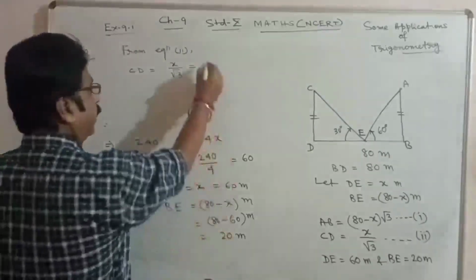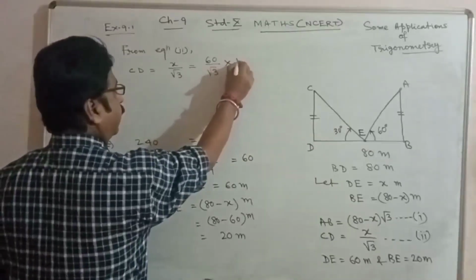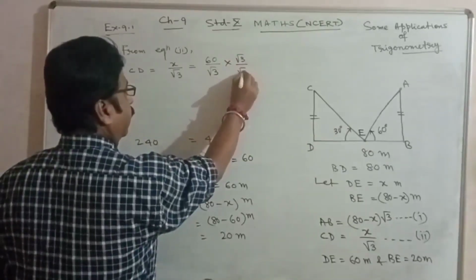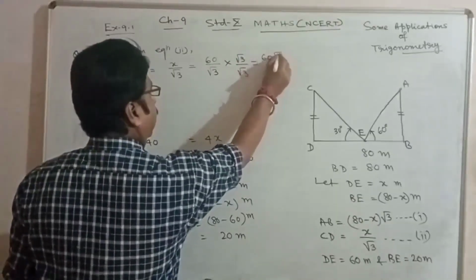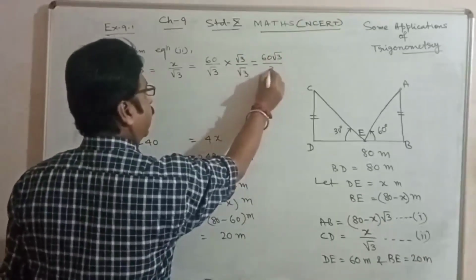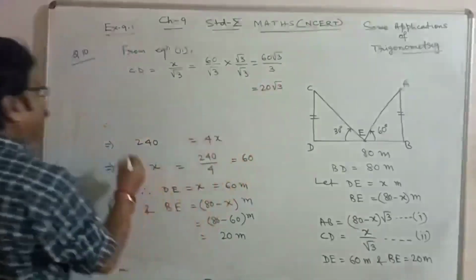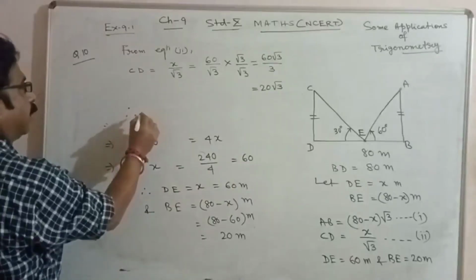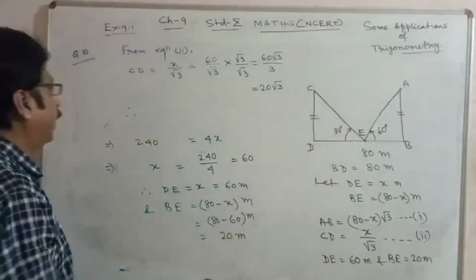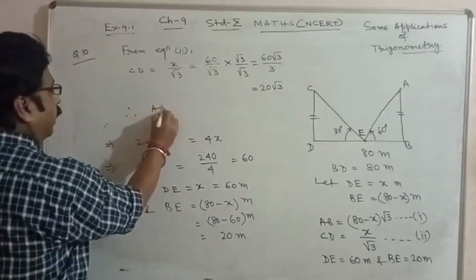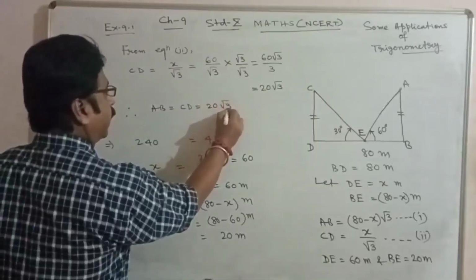X means 60 upon root 3. Then rationalize it. 60 root 3 upon 3. After cutting, we will get 20 root 3. Therefore, CD and AB both are equal. AB equals CD equals 20 root 3 meter.